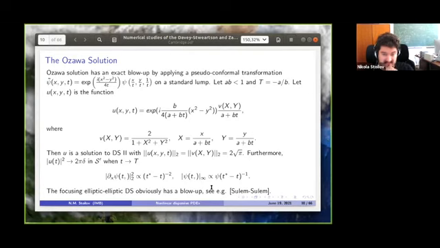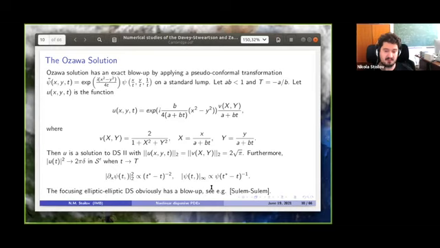Now, because DS is an integrable equation, we know exact solutions, and one of these solutions is the so-called Ozawa solution. So what Ozawa did is take a standard lump. This is the two-dimensional sort of soliton that is slowly decaying for the DS equation.